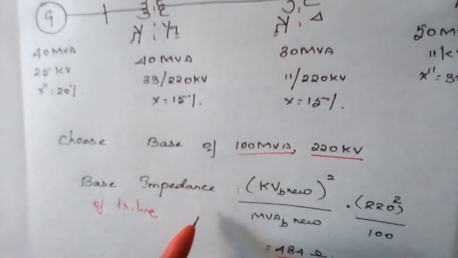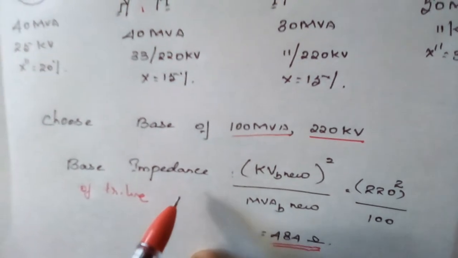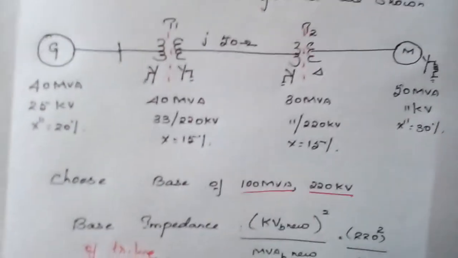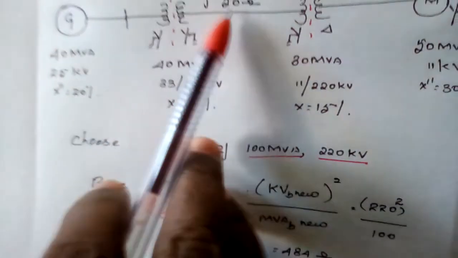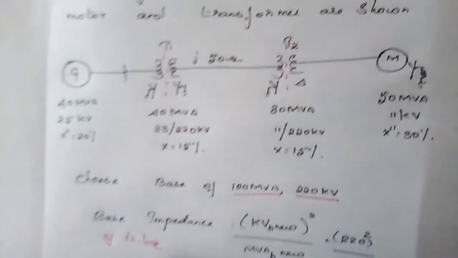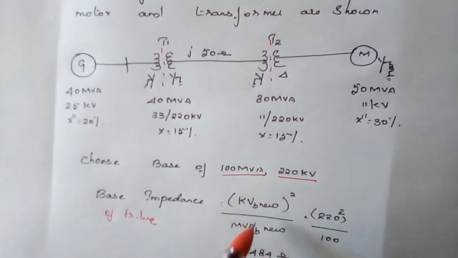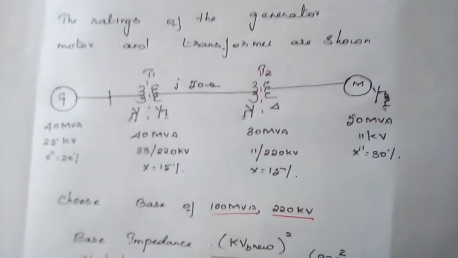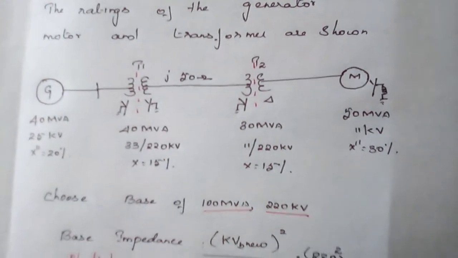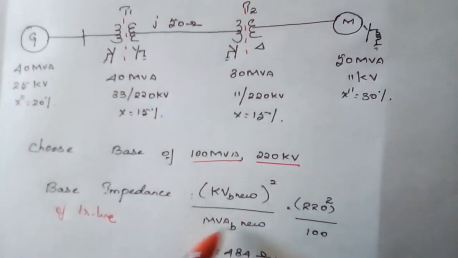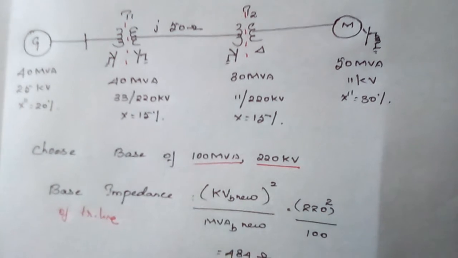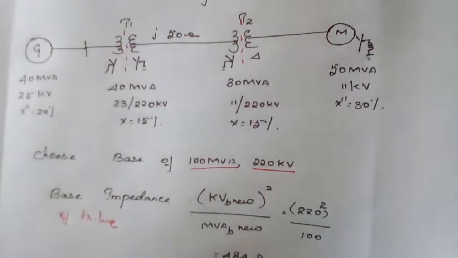The actual formula for per unit is: per unit is equal to actual impedance divided by base impedance. The actual impedance we know is 50 ohm, and we need the base impedance, so we calculate it by the formula kV base squared by MVA base.